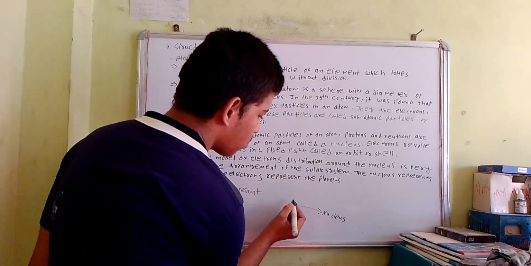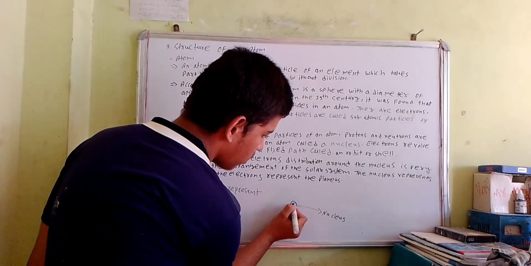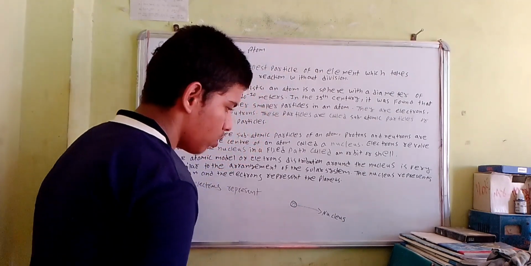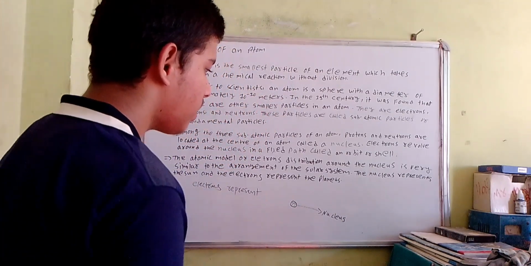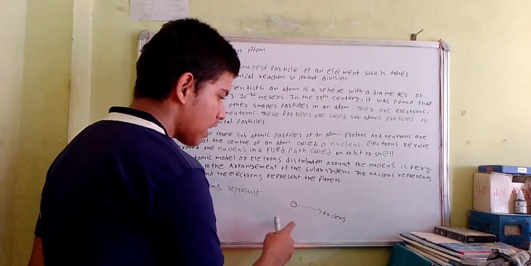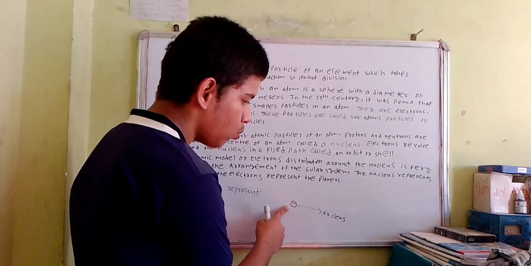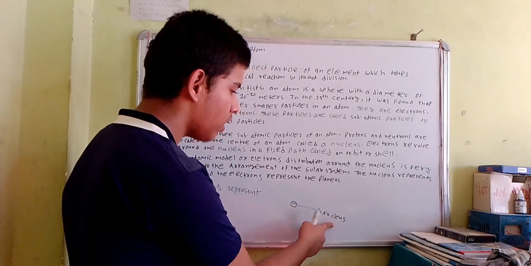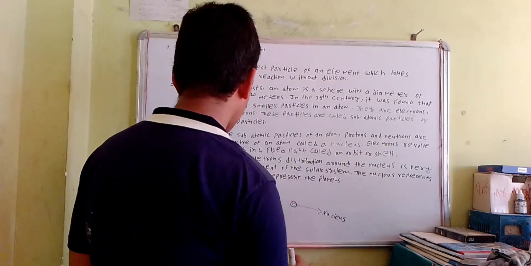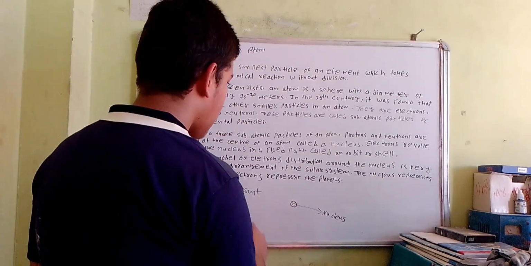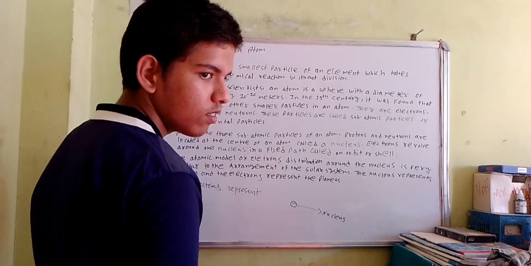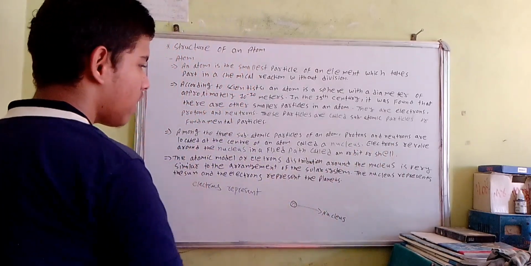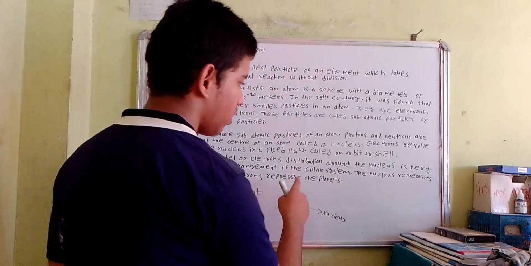These small things that you see are protons and neutrons. So you have to remember the structure. Inside an atom, there is a center which is called the nucleus, and inside the nucleus, protons and neutrons are located, right? And now electrons revolve around the nucleus in a fixed path called orbit or shell.